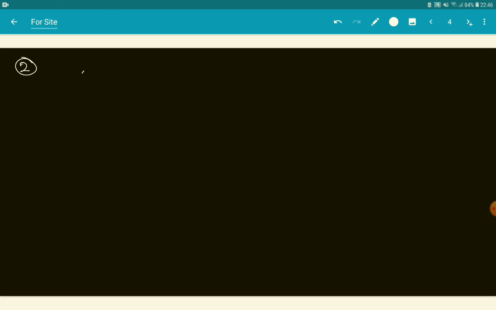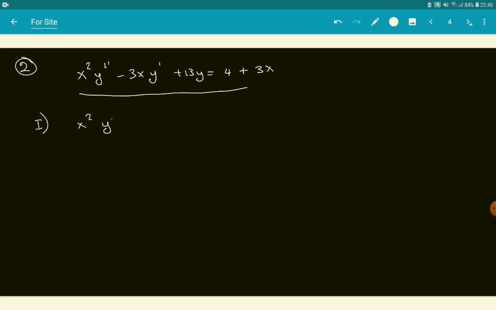In the second question it says x squared y double prime minus 3x y prime plus 13y is equal to 4 plus 3x. Okay. Now for the first part again, we take x squared y double prime minus 3xy prime plus 13y, and we do it for the homogeneous equation.